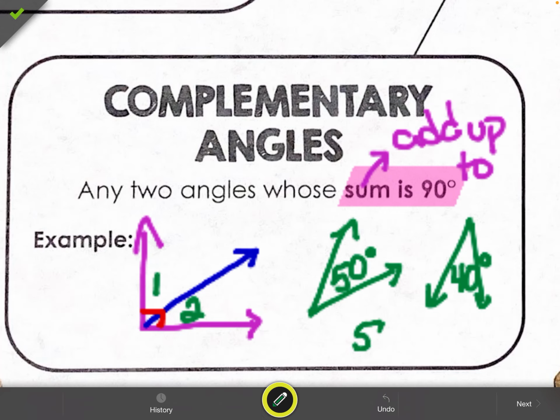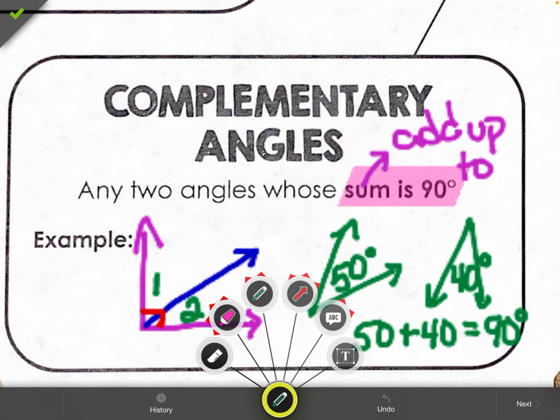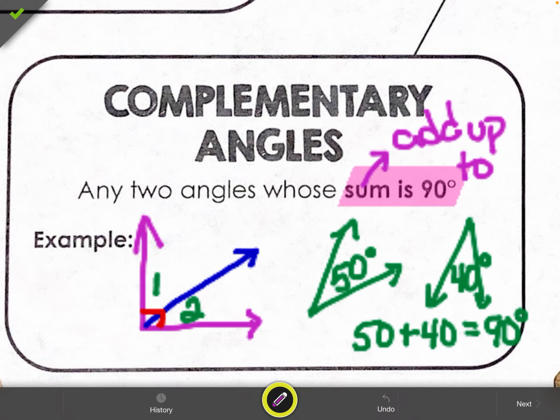And if you add 50 and 40, you come up with 90. So you could also say that these 2 angles are complementary. Okay. But again, what you want to remember about this is complementary angles add up to 90. Okay. If they are next to each other and make this corner, this lovely purple corner here, then they are complementary. Okay, and again, you'll see that box to tell you that that is 90 degrees.